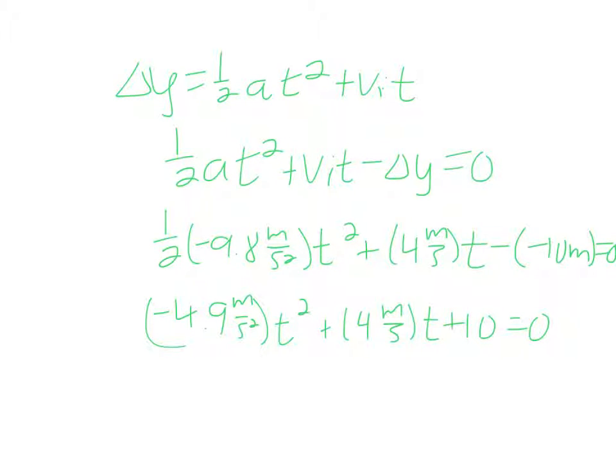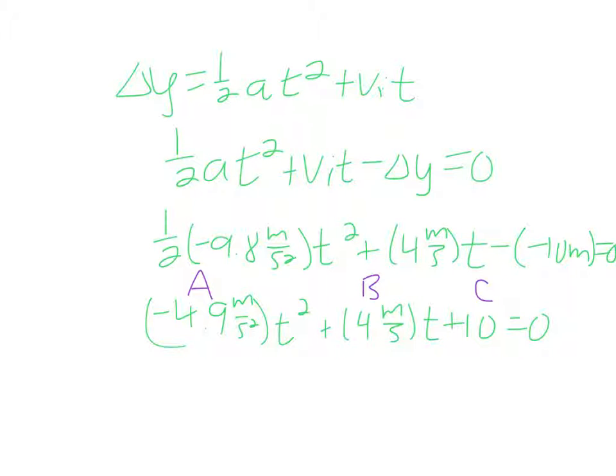In your calculators, I gave you the quadratic formula program. Negative 4.9 would be your A, 4 would be your B, 10 would be your C. When we put this in, here are our two values. The two values your calculator gives you should be negative 1.077, keeps on going, and positive 1.89.